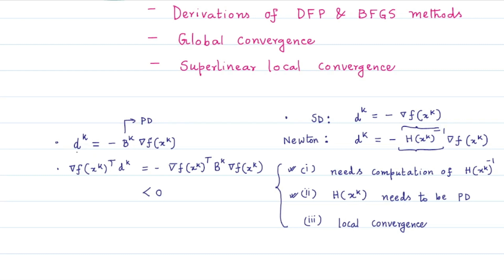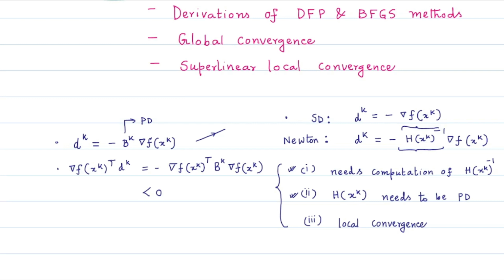This direction dk is commonly referred to as a deflected gradient, as if the direction of the negative gradient has been deflected a bit by the action of this positive definite matrix Bk. Now, once this Bk is a positive definite matrix, we have seen that this dk is a descent direction.